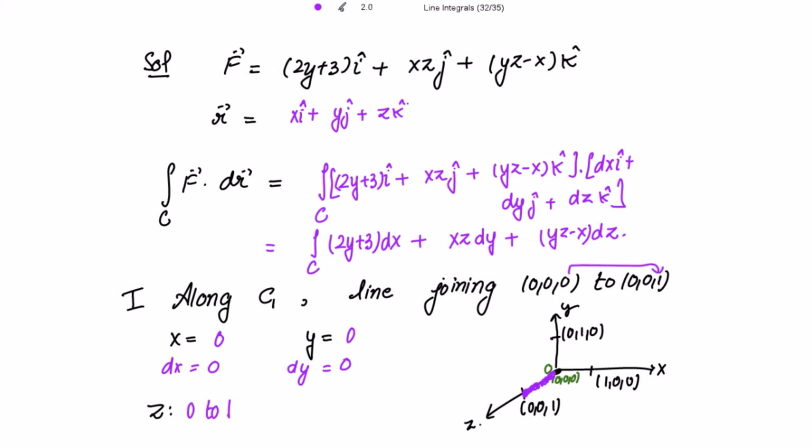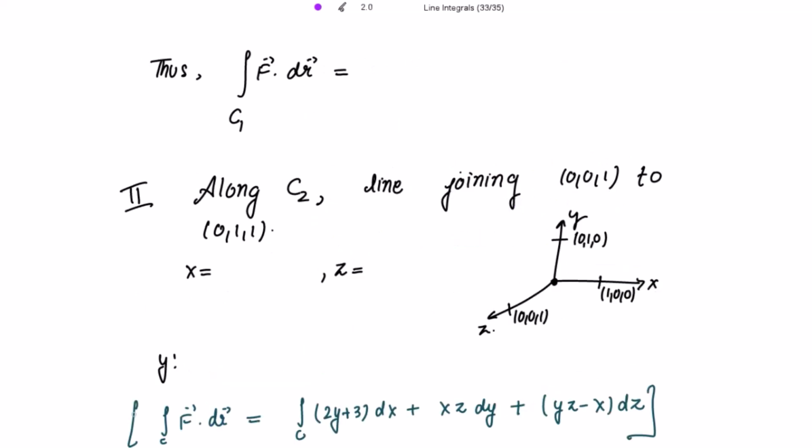So finding the line integral for this C1 first, we take x and y to be 0, and dx and dy to be 0. I have written this integral again over here. From the first term there is dx, which is 0, and from the second term we have dy, which is also 0.